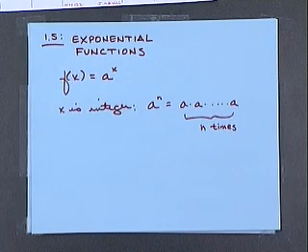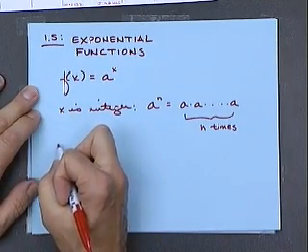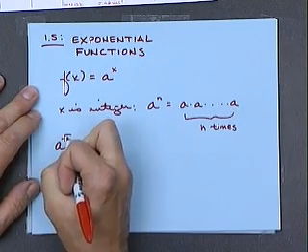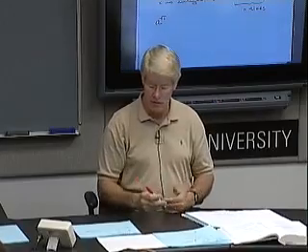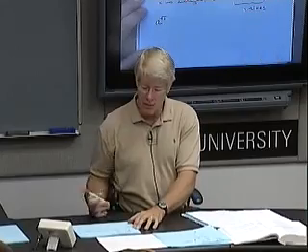There are some other things that are a little more difficult to get a handle on. What is a to the square root of 3? Because this is a nice continuous function. It's not discrete in the sense that we've only got it defined for integers. It works for all values. What about a to the 1/3?